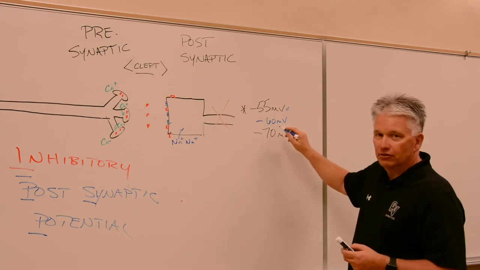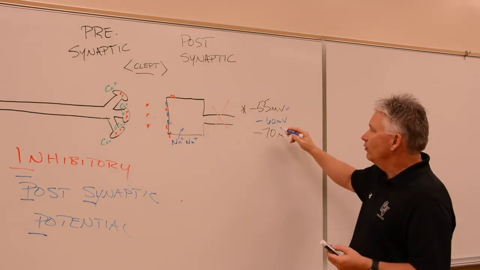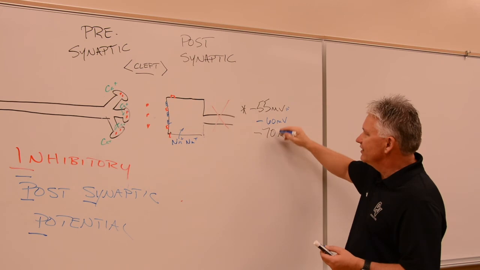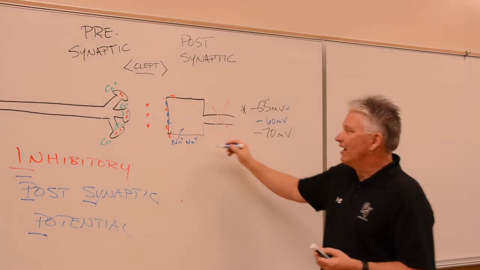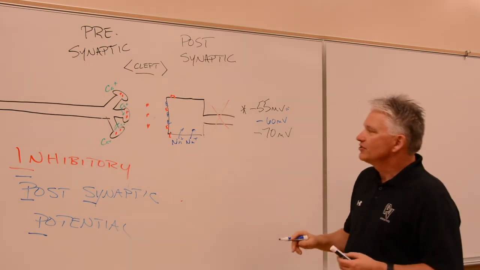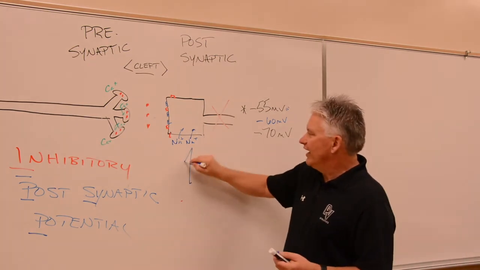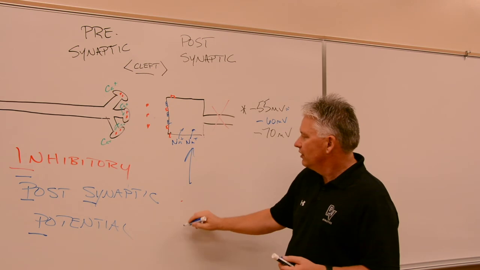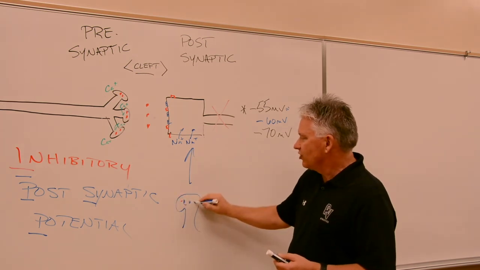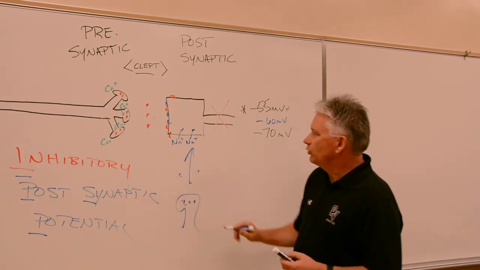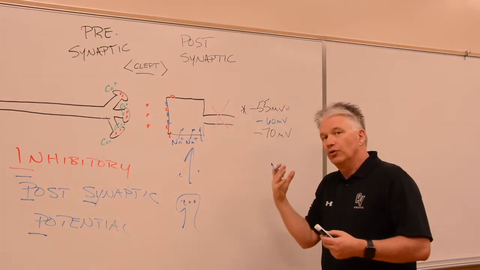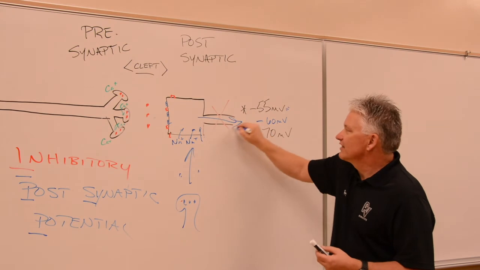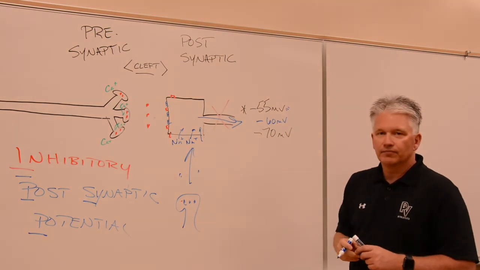But am I closer? Yeah, I was 15 spots away, 70 to 55. Now I'm only 5. I'm closer because I allowed some sodium in. So if I could get a potential from another source, another axon terminal releasing neurotransmitter, that might be enough of a boost to allow me to excite and send that signal.